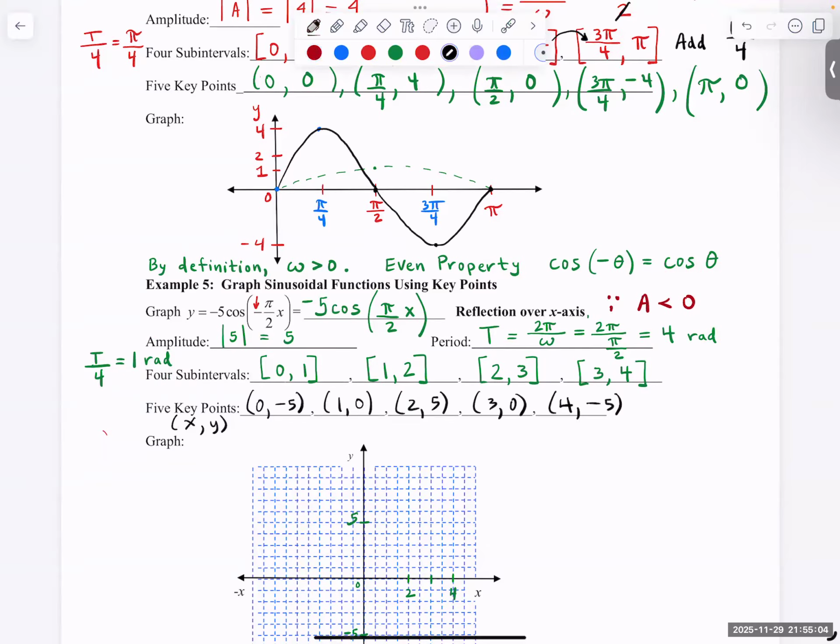Let's add a note here that the length of one subinterval is 1 radian.